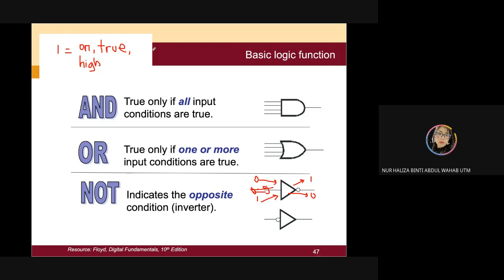So if you see a positive term over here, normally it's represented as 1. And 0 can also be known as the off state.